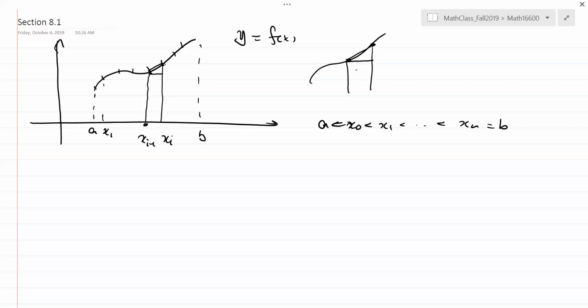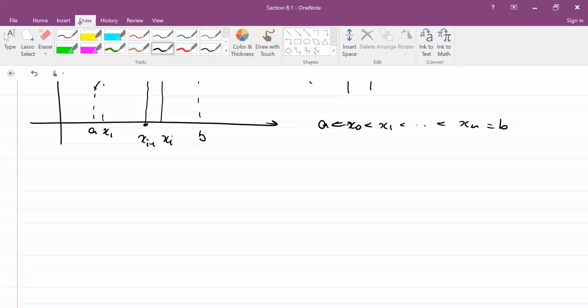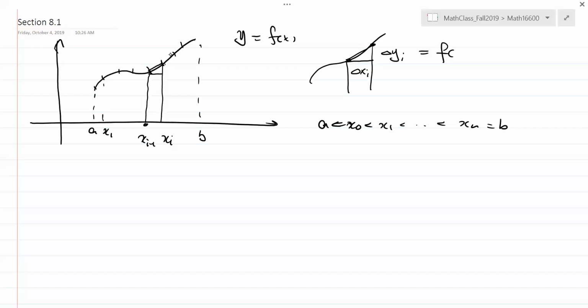Here it is going to be delta xi, and this is delta yi. So delta yi is going to be f of xi minus f of x i minus 1. So that's the difference of the y values.